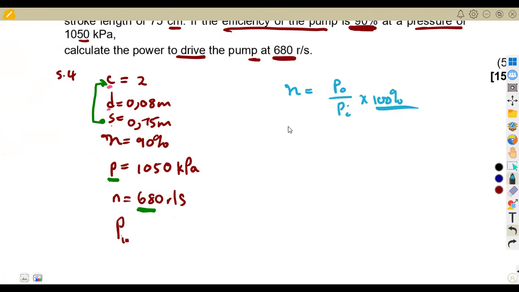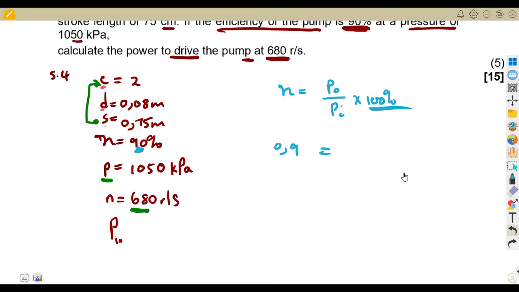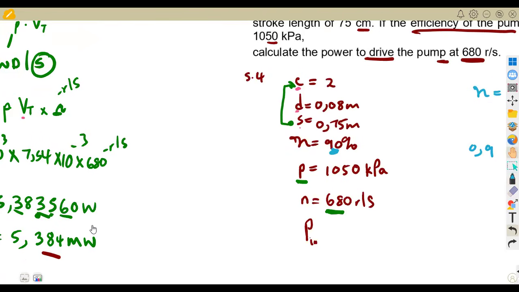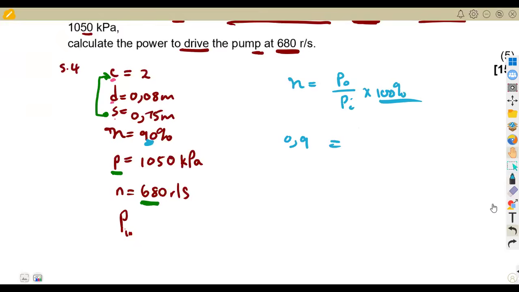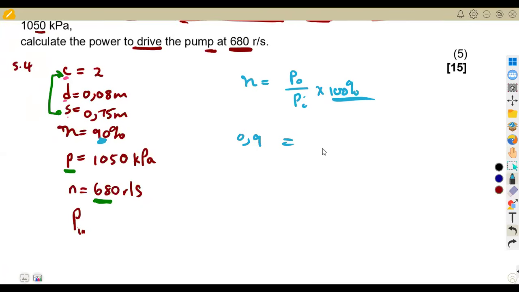That will be 90 divided by 100, that's 0.9, equal to P out, which is the one that we are given, 5,384 megawatts, over P in. Already we have used the 100 here by dividing to 90.